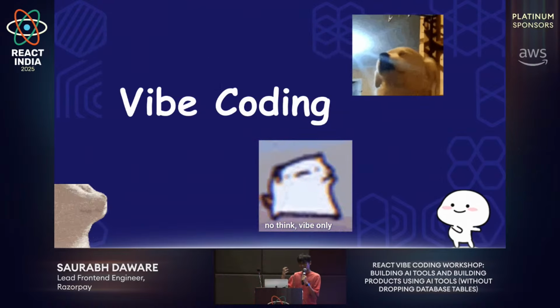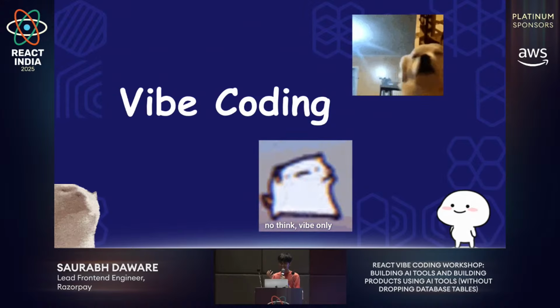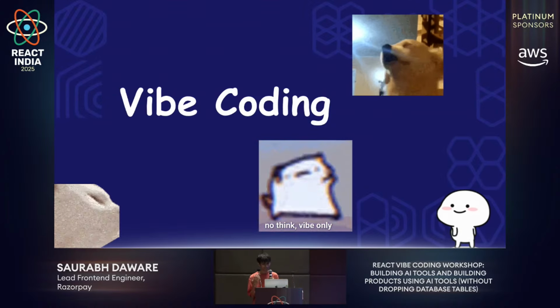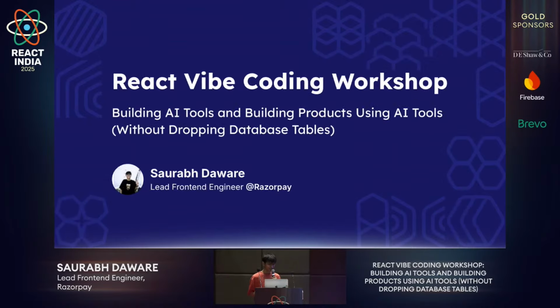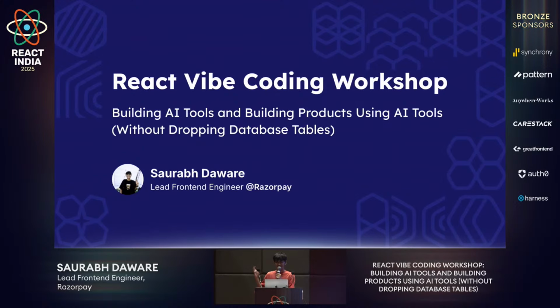We'll go into details on vibe coding. This is an actual term coined by one of the founders of OpenAI. And this is the workshop title: a React vibe coding workshop. We are going to build AI tools, and we'll also talk about how we can use some of these AI tools to build better things, and build them in a safer way, without dropping database tables.